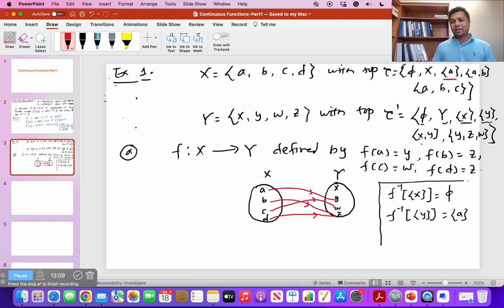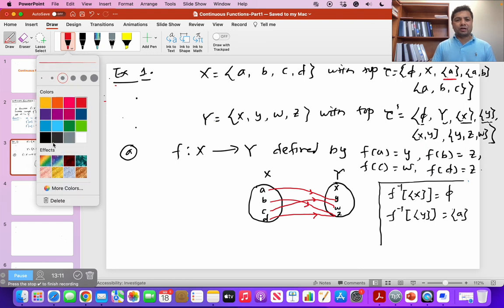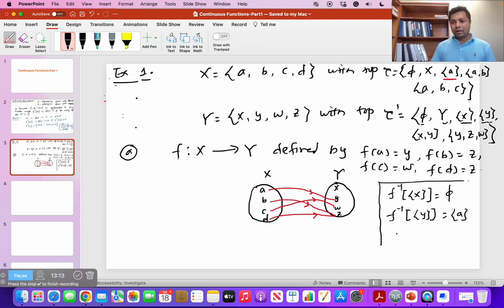Similarly, we can find the inverse image of the set X, Y. From the diagram, the inverse image of X is nothing, and the inverse image of Y is again A. So the inverse image of this open set in Y is the singleton set A. So this is also fine.